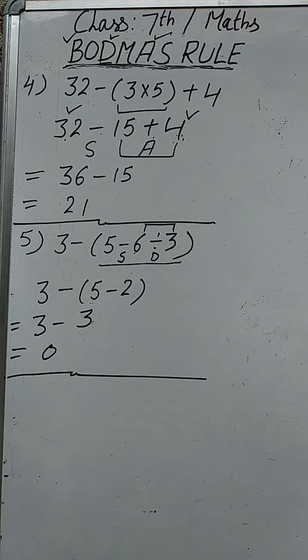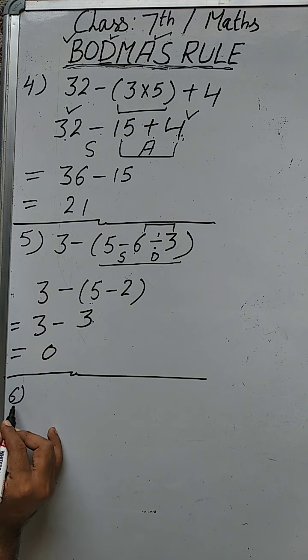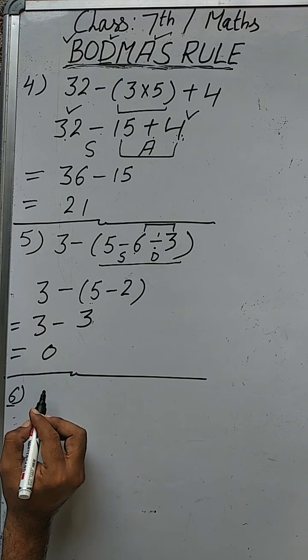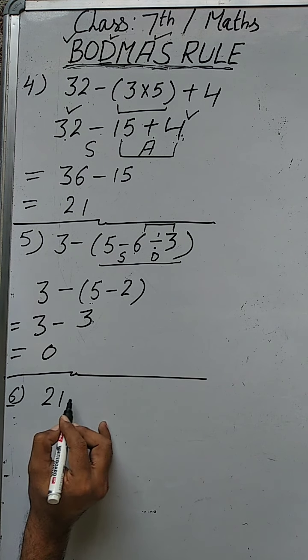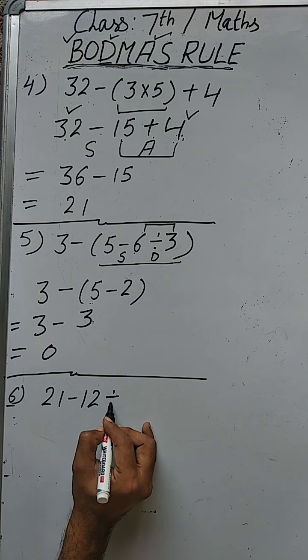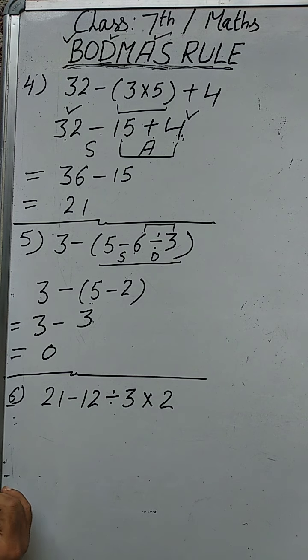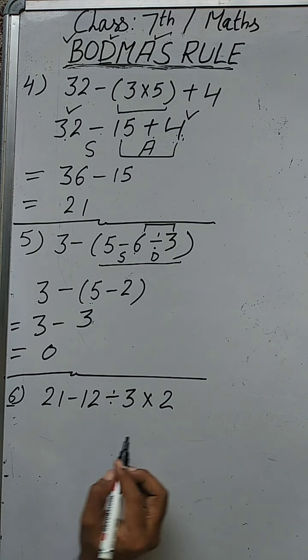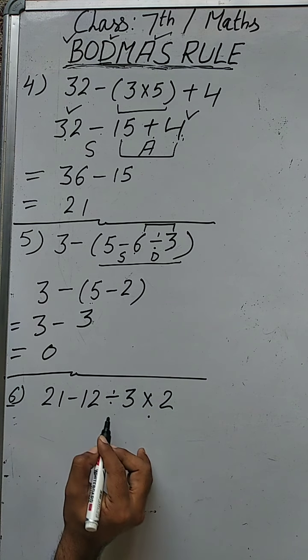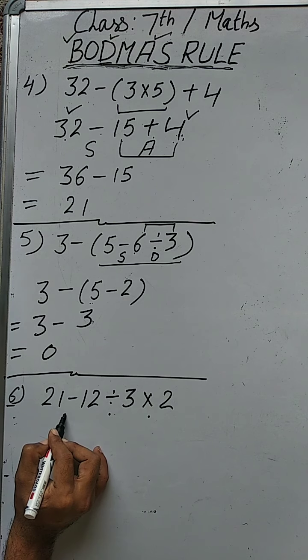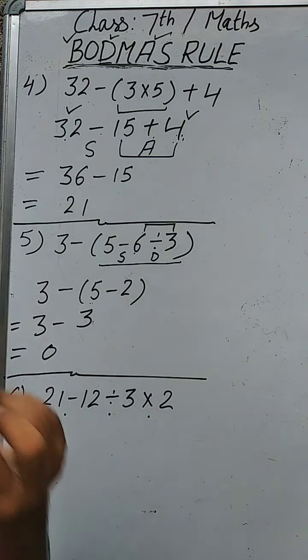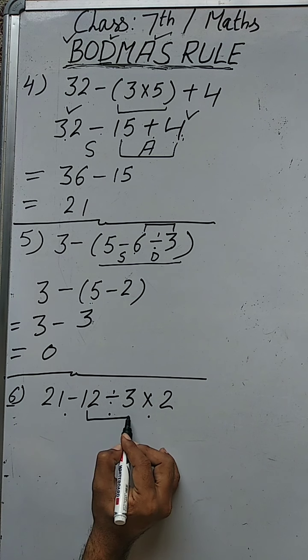Clear beta? Now question 6th. 21 minus 12 divided by 3 multiply 2. Now beta here we have three operators: multiply, divide and subtraction. Which is first? D, so division is first. We will perform division first.